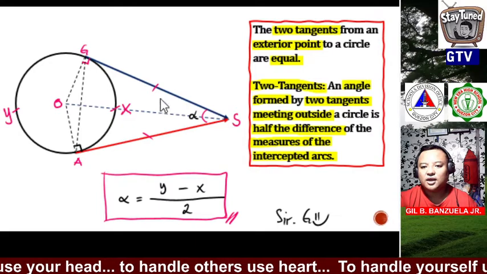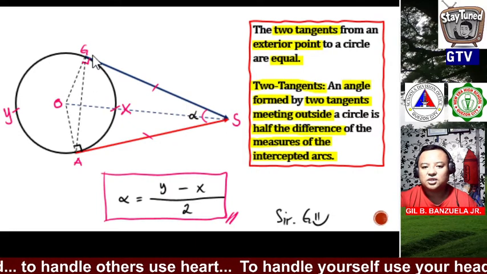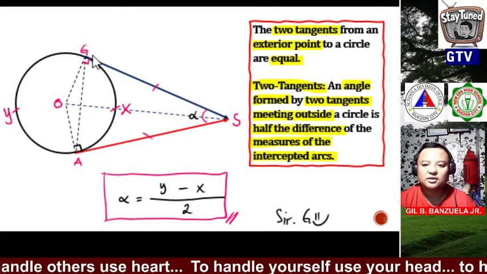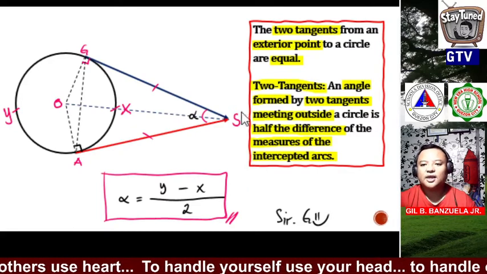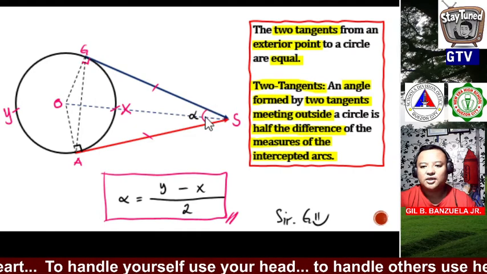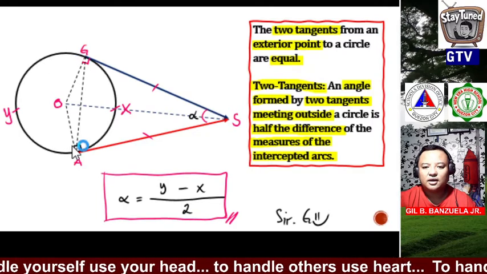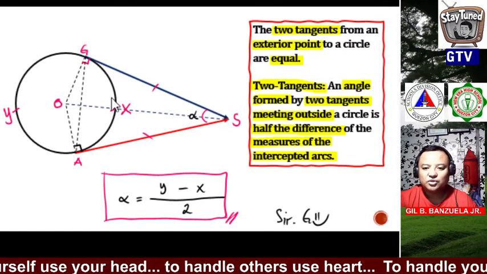So, yung angle SGA and angle SAG are equal angles. Alright? Another thing, an angle formed meeting outside the circle is equal to 1/2 of the measure of the bigger arc minus dun sa smaller arc.